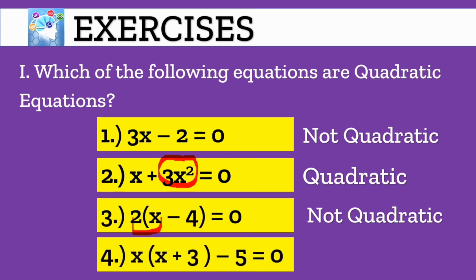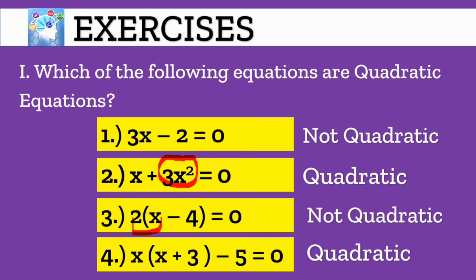And the last one, x times the quantity of x plus 3, minus 5 is equal to 0. Is it quadratic or not? The answer: if we get the product of this, we have a quadratic equation. Okay, very good. So did you get it all correctly?